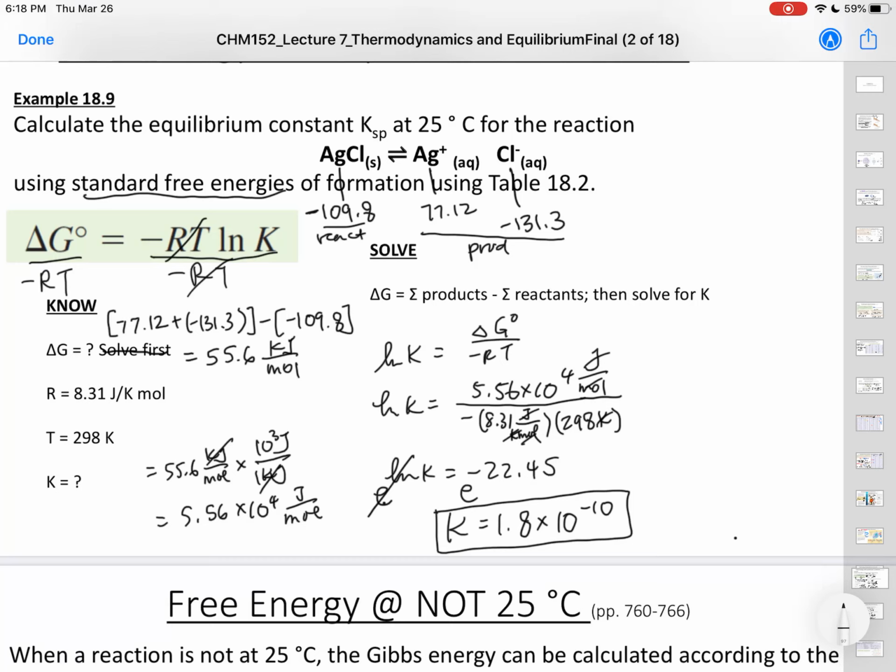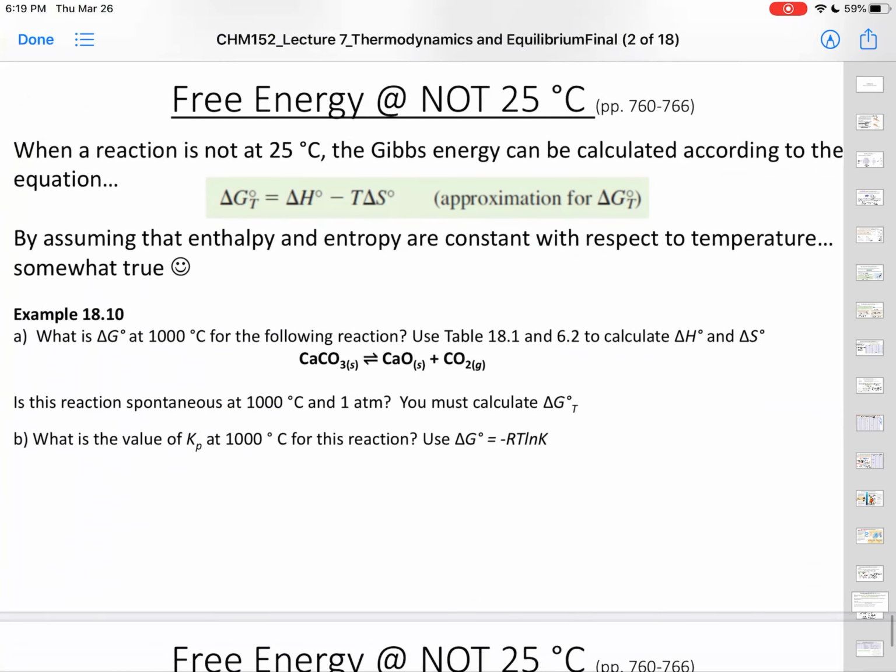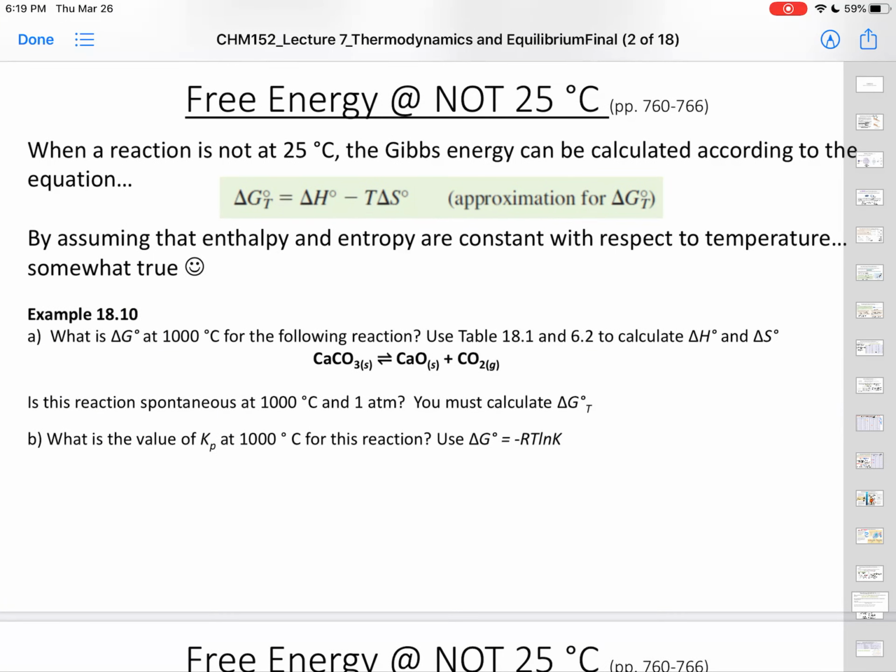This is a very, very small number, so we know that at equilibrium, this is going to be mostly reactants instead of products.